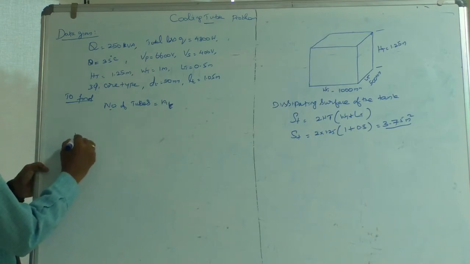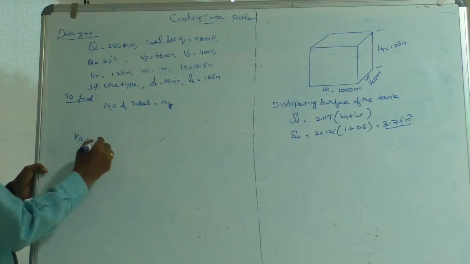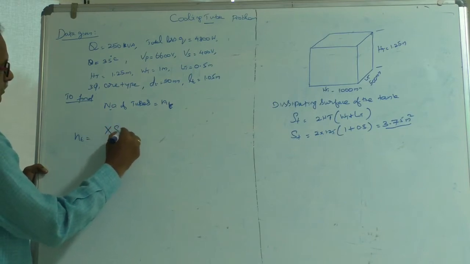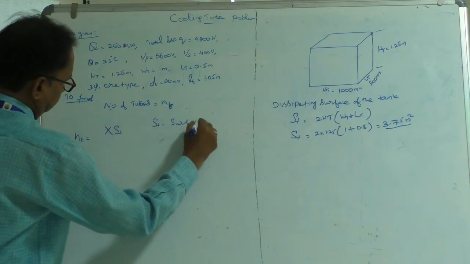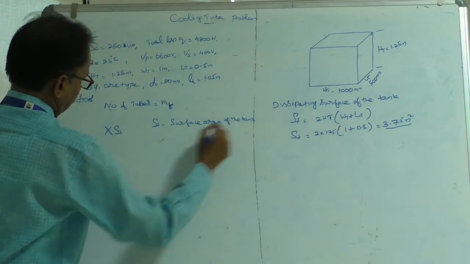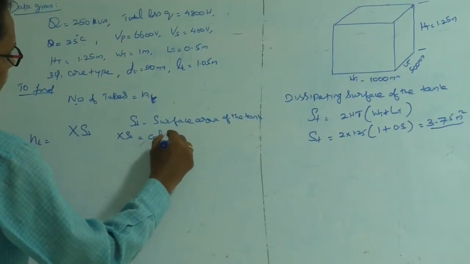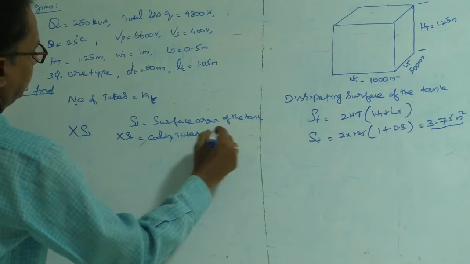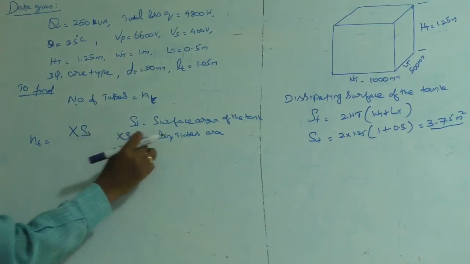Now, what are we going to identify? We are going to identify the number of tubes. The number of tubes depends on the total cooling tube area. Let us assume the cooling tube area is x ST, where ST is the surface area of the tank. We are assuming that a portion of the surface area of the tank is the cooling tubes area.